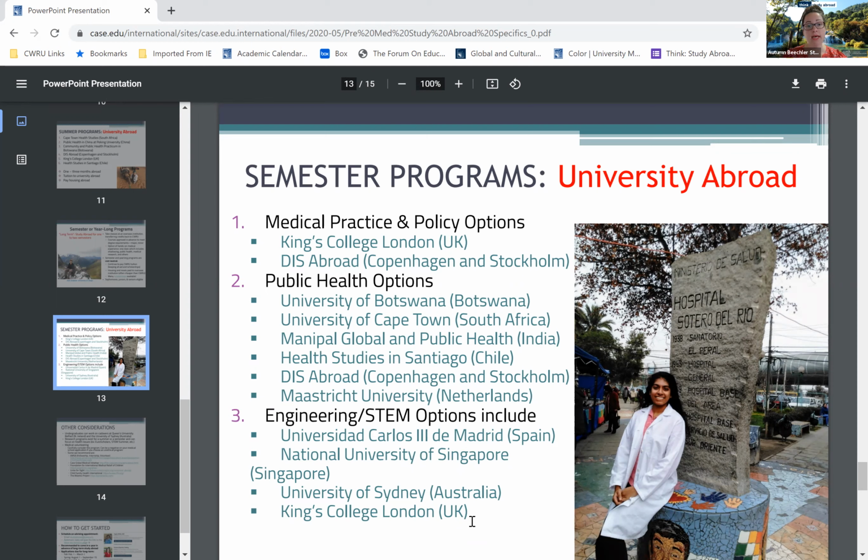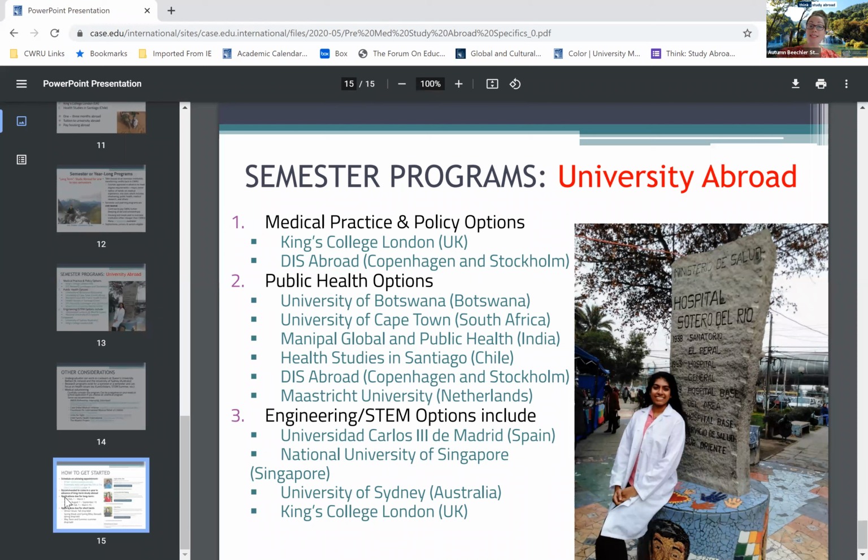DIS, again, has public health options. Maastricht is also a very great program that has a lot of really wonderful options with public health and more for students. If you are engineering and pre-med, take a look at Universidad Carlos III de Madrid. Take a look at the National University of Singapore, University of Sydney, and King's College London also in the UK.